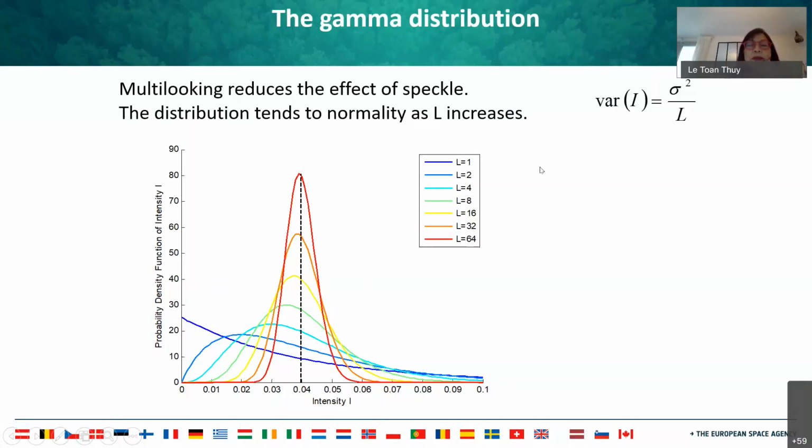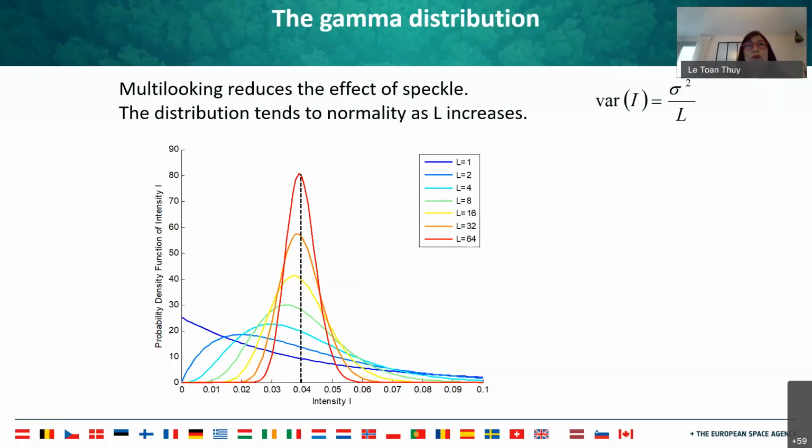The equivalent number of looks is the number that quantifies how the noise can be reduced when you average it.